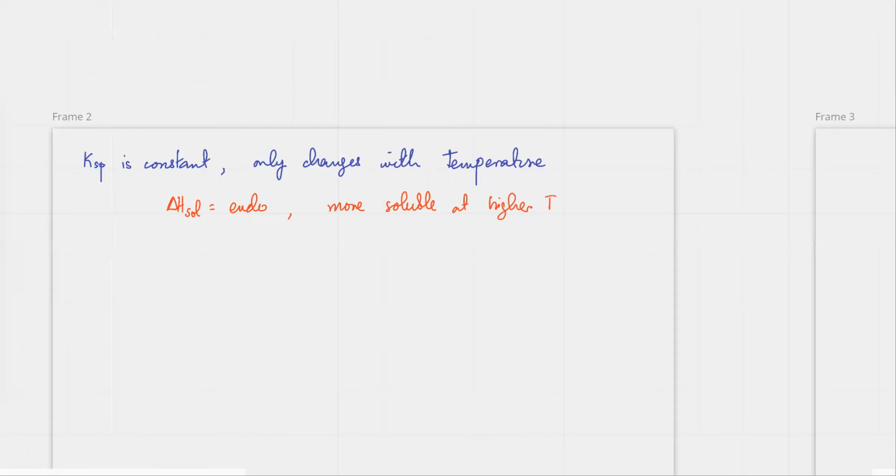Vice versa, if enthalpy of solution is exothermic, so dissolving a substance produces heat, then it's going to be more soluble at lower temperatures. You need to remove heat. Anyway, so Ksp is constant, only changes with temperature.